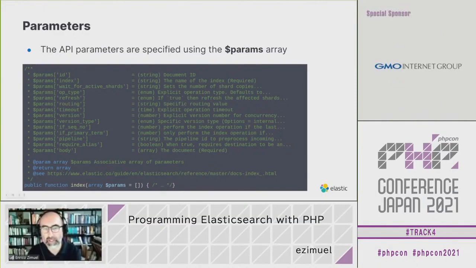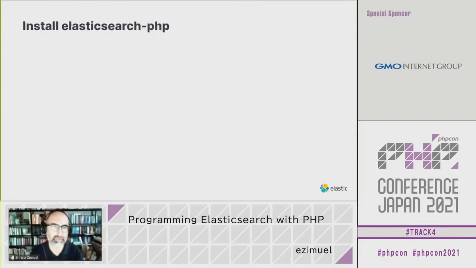We also have in @see, this is a PHPDoc standard, the hyperlink to the specific manual for the index API, so you can check it out from the source code. And even if you are using an IDE like, I don't know, Visual Studio Code, there is auto-completion, so you can get all this information in place.